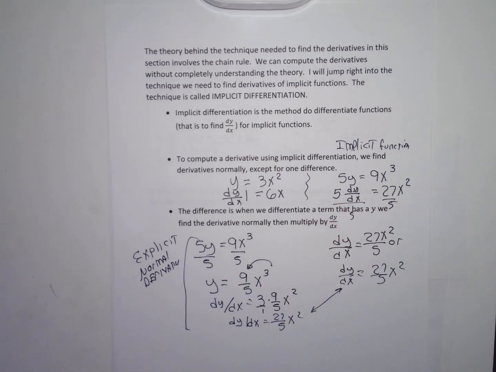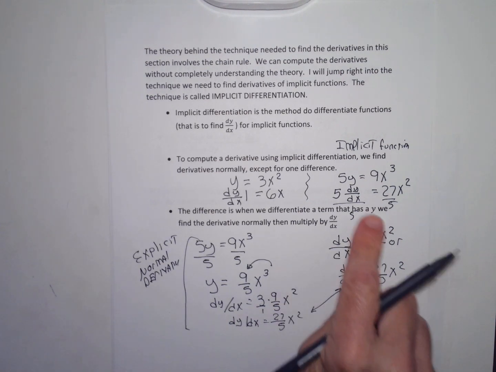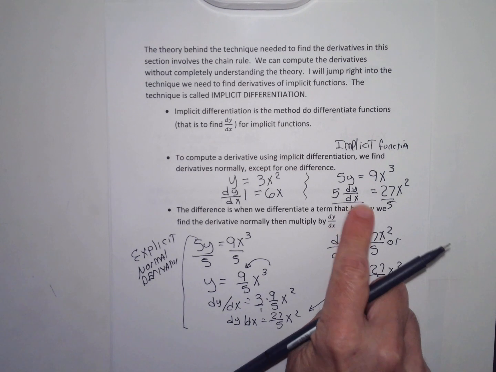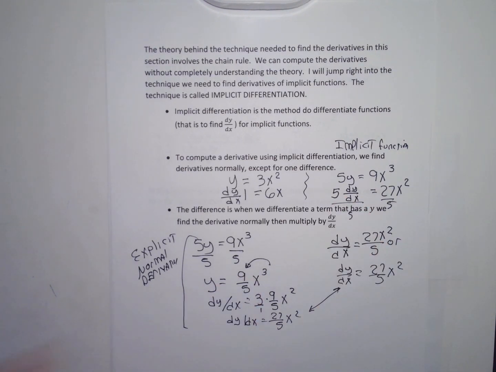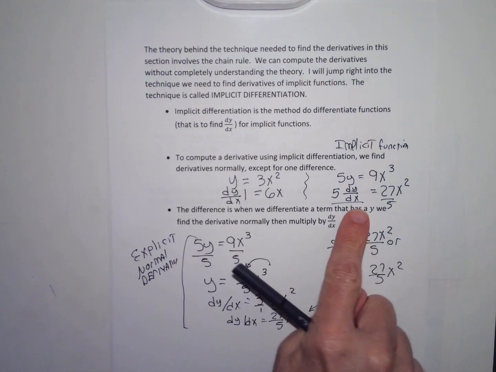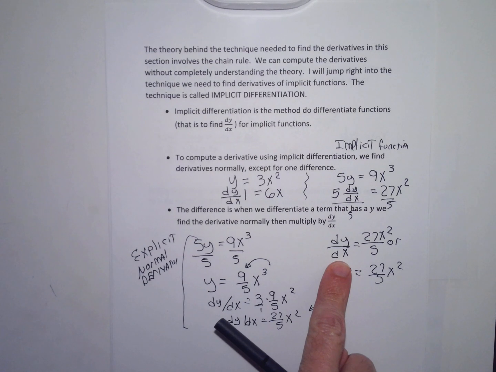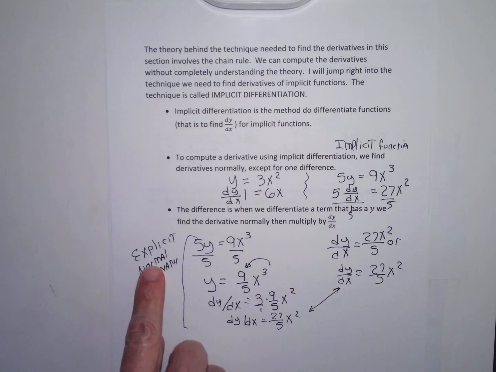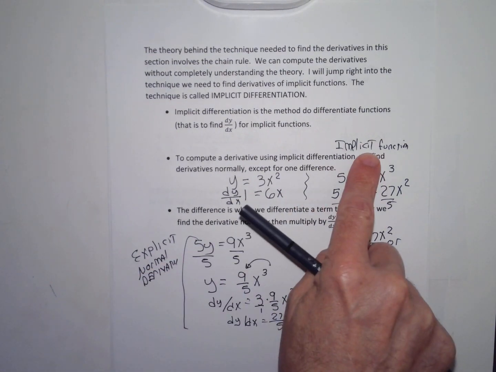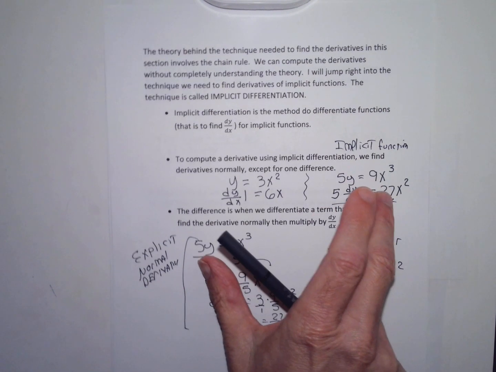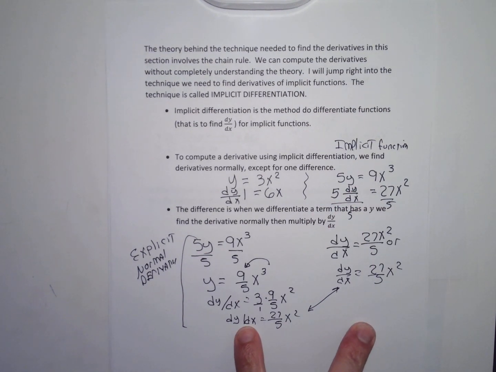That's the whole crux of the section. The algebra gets messy because solving for dy/dx could be the ugly part. Taking the derivative may not be so complicated, but getting the dy/dx is going to be the challenge. So explicit functions and implicit functions, if they're equal to each other, are going to have the same derivative.